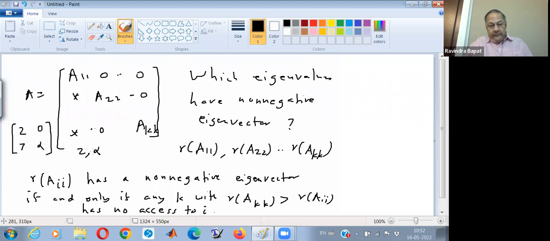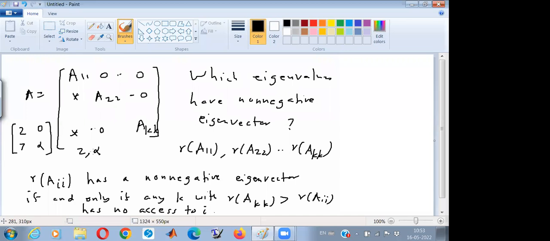But whether 2 has a non-negative eigenvector, like earlier we worked out that example, that depends on whether alpha is greater than 2 or alpha is less than or equal to 2. Because when alpha is 3, we saw that it doesn't work. So it all depends on the numbers which are greater than 2 or less than 2.